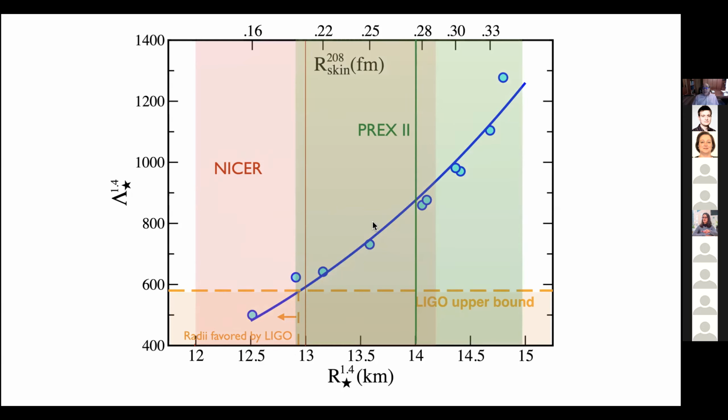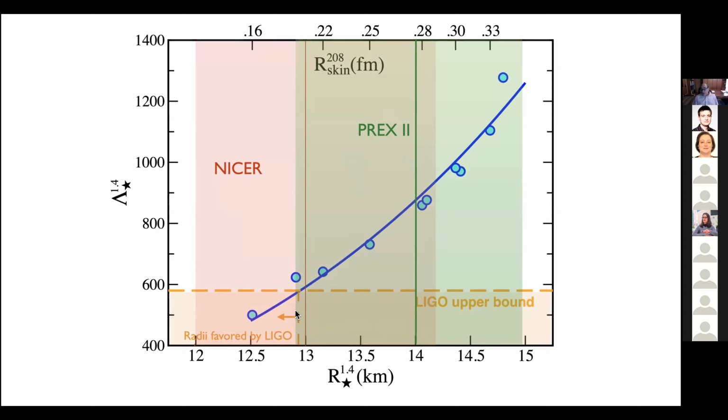And then if we add the PREX2 result, which suggests that the neutron skin in lead is relatively thick, then the PREX result suggests the neutron star radius is 13 kilometers or larger. PREX is consistent with NICER. There's some tension with LIGO. Basically, LIGO is 13 kilometers or less, and PREX is 13 kilometers or more.